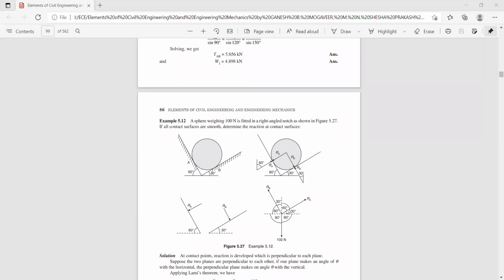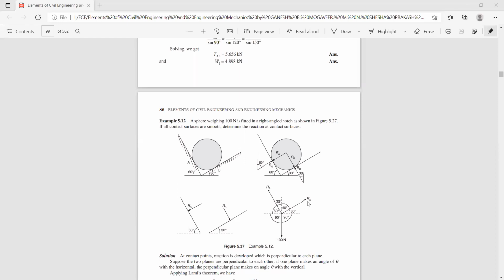Next, apply sigma Fy is equal to 0: RA sin 30 plus RB sin 60 minus 100 is equal to 0. Since you know the value of RA in terms of RB, if you substitute it in equation 2, you will get the values of RA and RB.